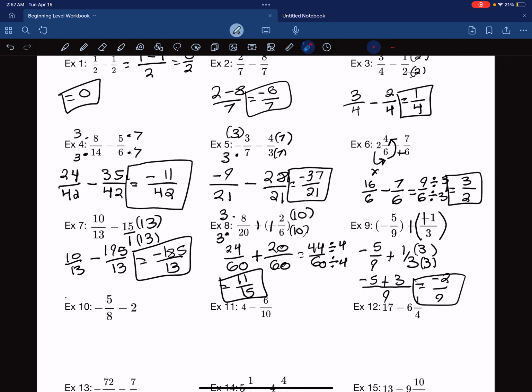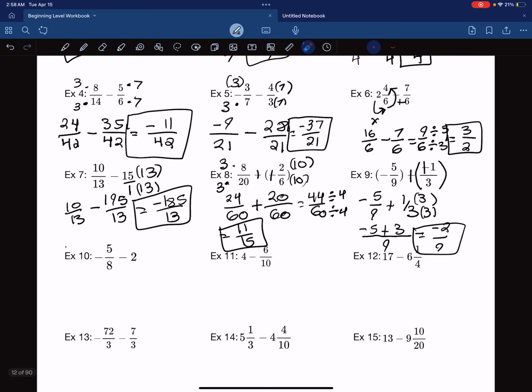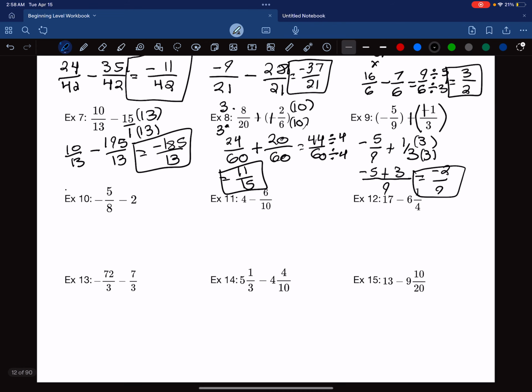I will be talking through the steps, but because we have done so many examples of adding and subtracting fractions, at this point, I am just going to walk you through the steps as I'm doing it, but I'm not going to be talking so much because I don't want us to be watching a video lecture forever. So I encourage you to pause the video and try all of these, and let's work through it together. So I can put this 2 over 1 to make this a fraction.